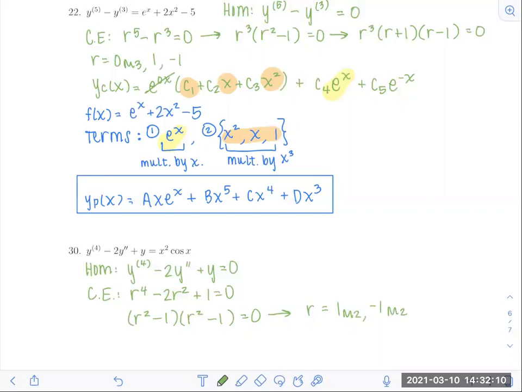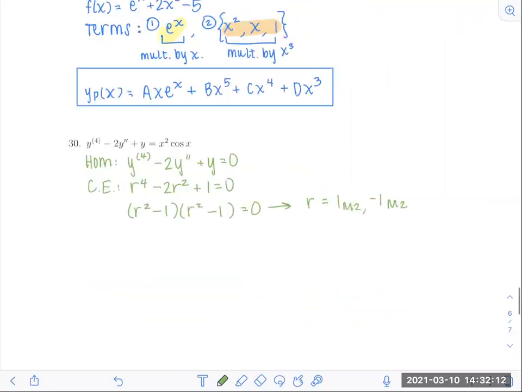So in this case, we can set up our complementary function, keeping in mind the duplication of our real roots. So our complementary function is going to be c1 plus c2 x e to the x plus c3 plus c4 x e to the -x. All right, so here's our complementary function that we're going to consider when we're checking duplication.